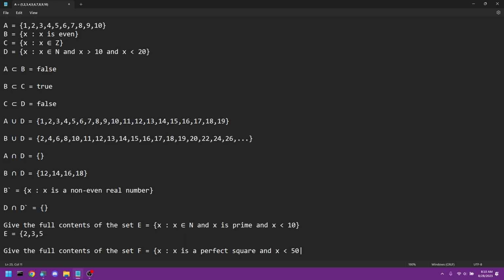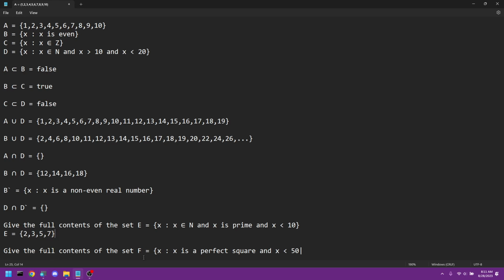Yes, it's divisible by 1 and 5. 6 is divisible by 2 and 3, so it is not prime. 7, divisible only by itself and 1. Now, is 8 prime? No, it's also divisible by 2 and 4. What about 9? No, 9 is also divisible by 3. So our set for E is 2, 3, 5, 7.